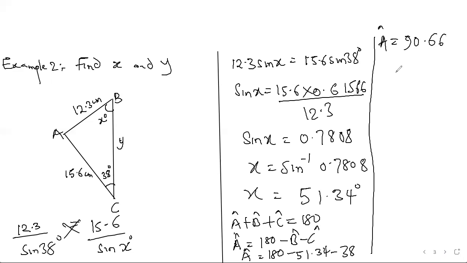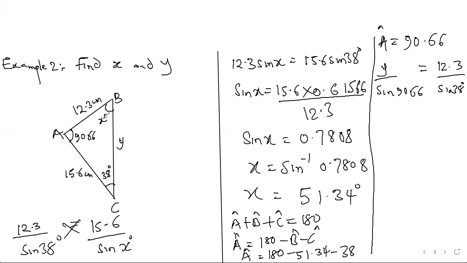Now I can find y because now I know the angle facing y. This is 90.66. I can use sine rule again to find y. y over sine 90.66 will be equal to 12.3 over sine 38.